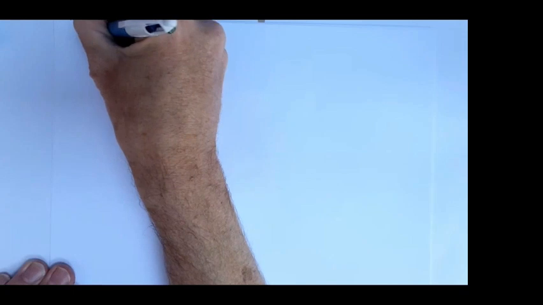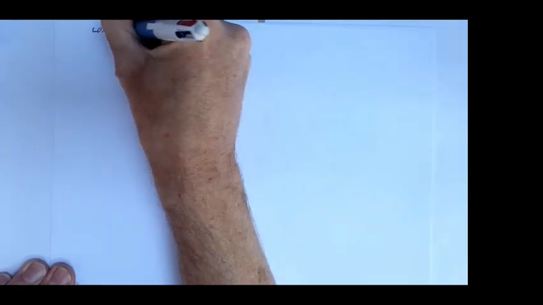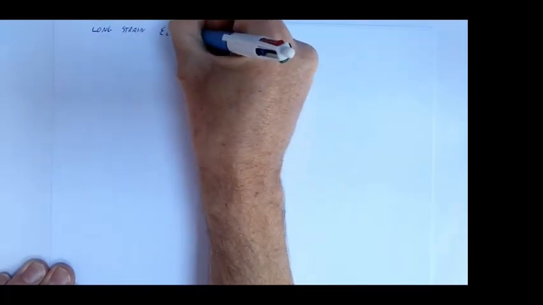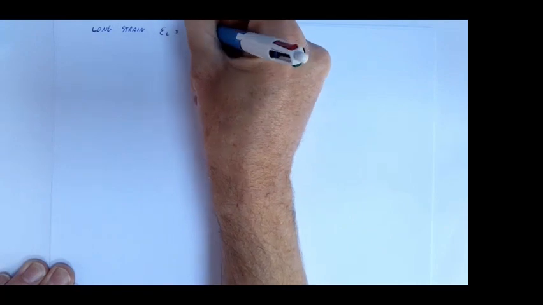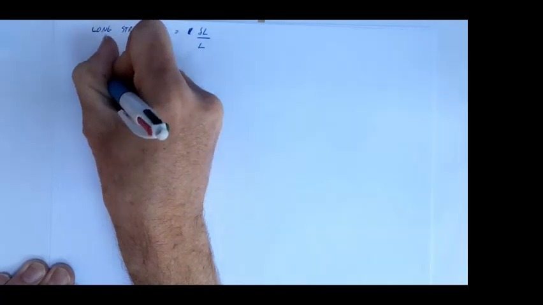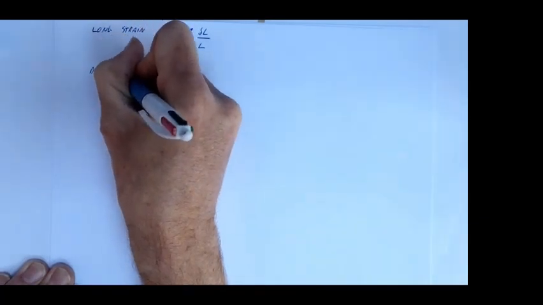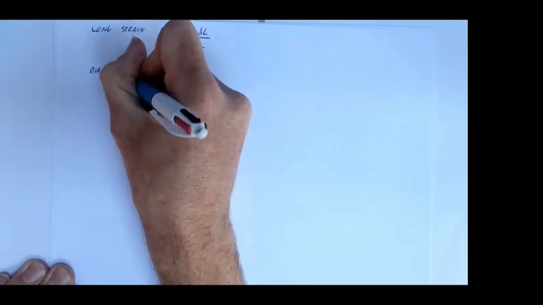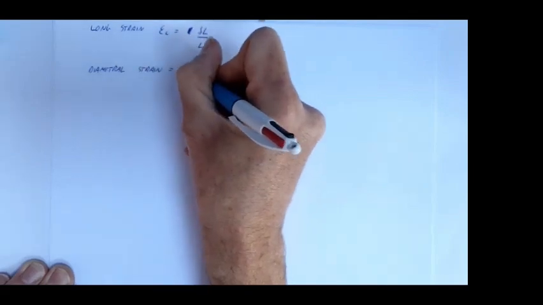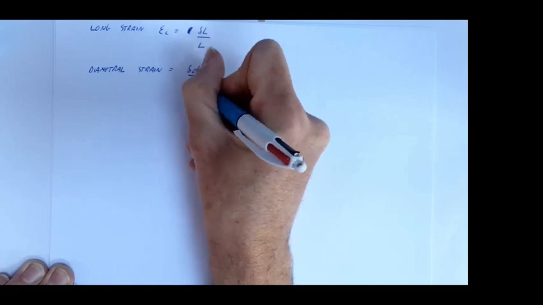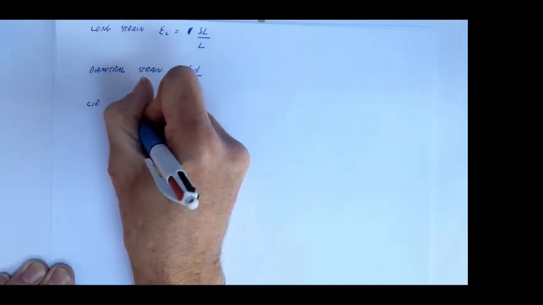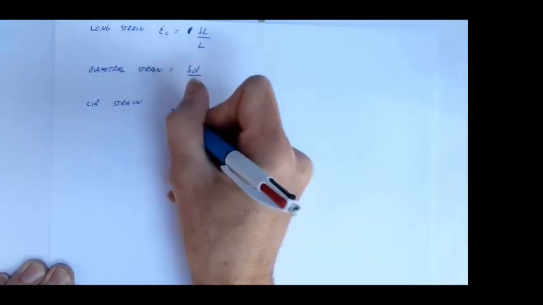A longitudinal strain equals change in length over original length. Diametral strain is equal to the change in diameter over the original diameter. And the circumferential strain is equal to the change in circumference over the original circumference.